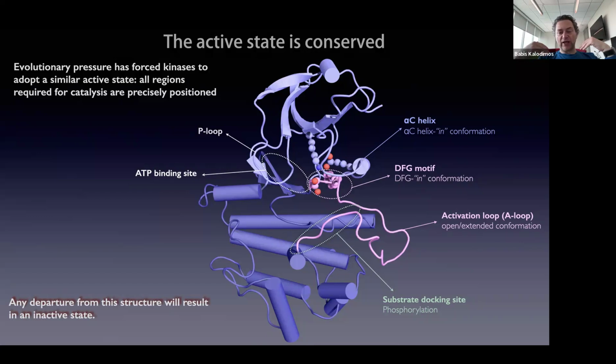But then they should inactivate themselves somehow. In disease, this often goes wrong and you have dysregulated activity. Kinases just keep phosphorylating, and that will cause, in many cases, uncontrolled growth, tumorigenesis, cancer, and other disease.